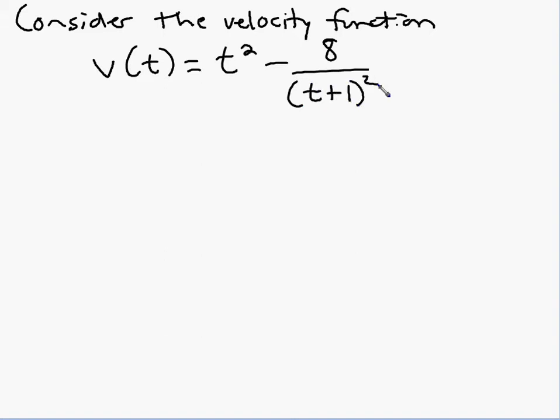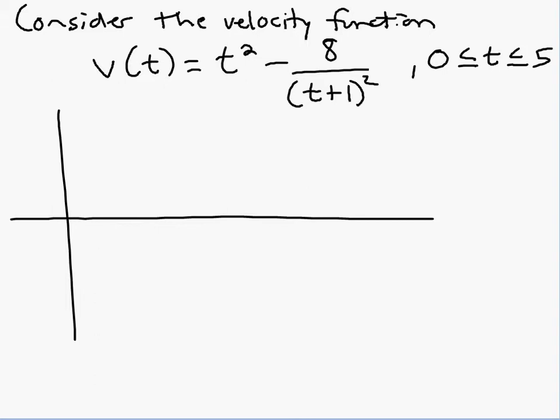Let's say we're talking about the time interval from 0 to 5, so between 0 and 5 seconds. I don't want to spend a bunch of time here because this is all review, but let's just review a few things about this function.